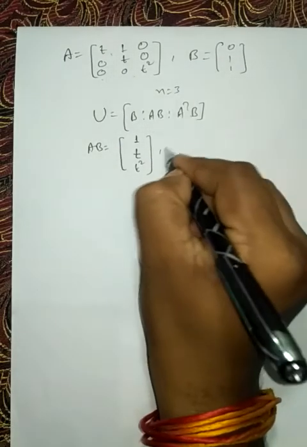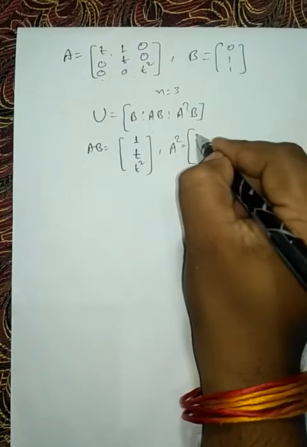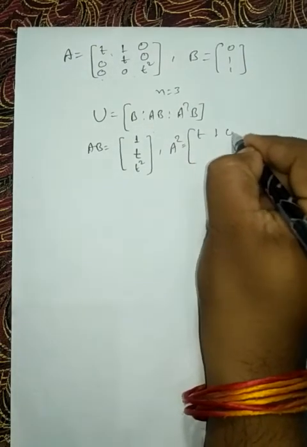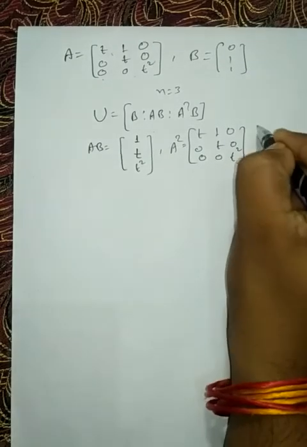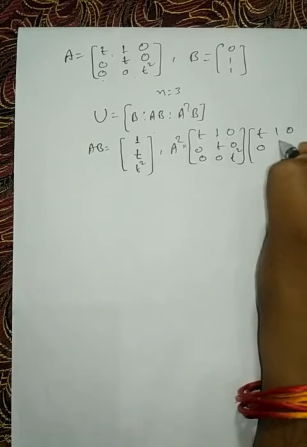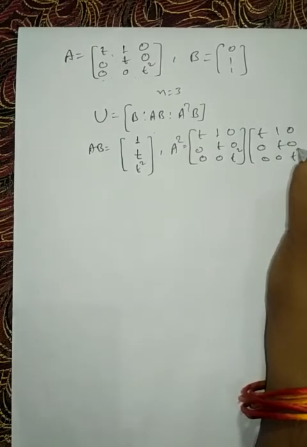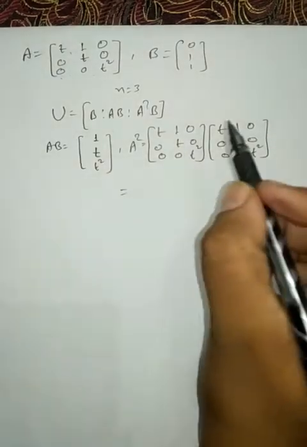And now A square matrix: write this matrix again and multiply these two matrices.